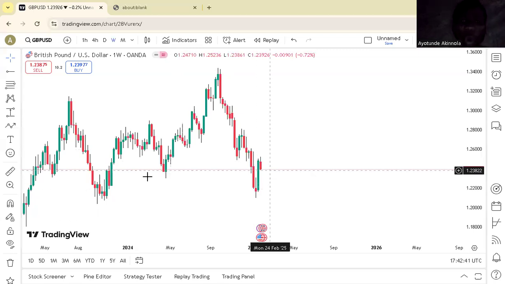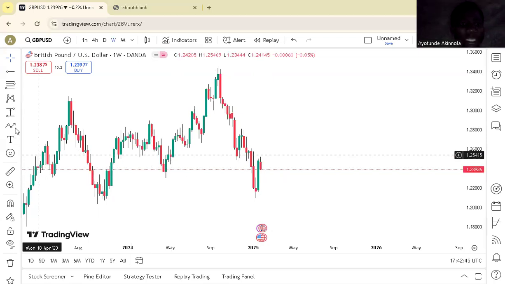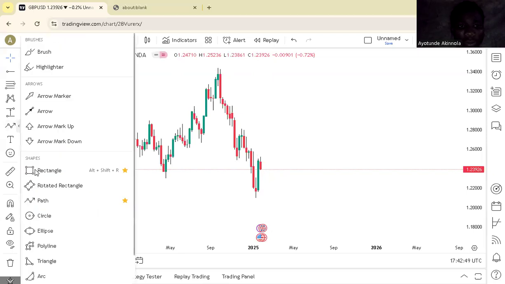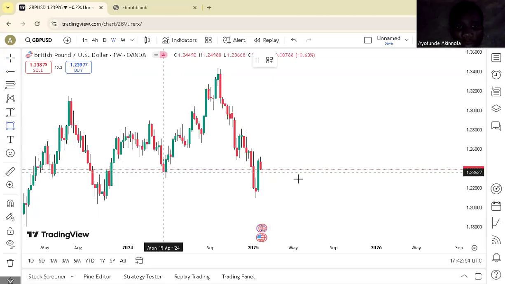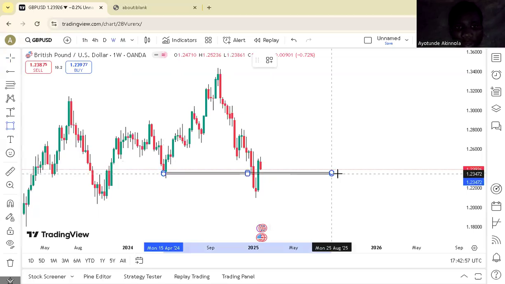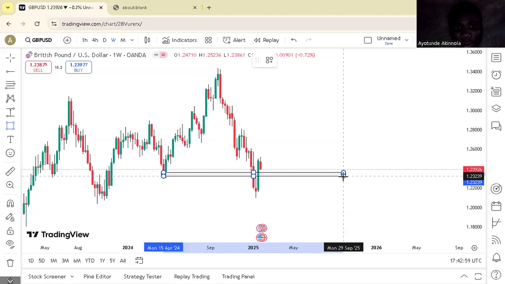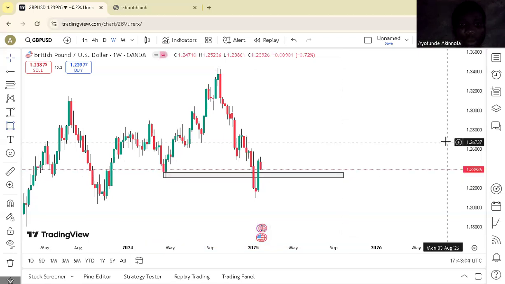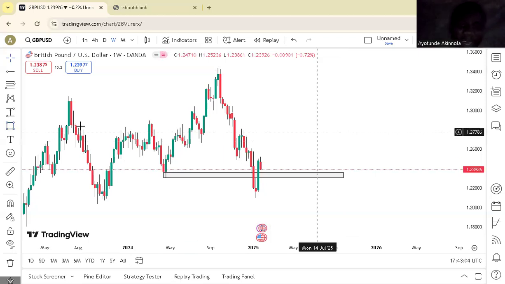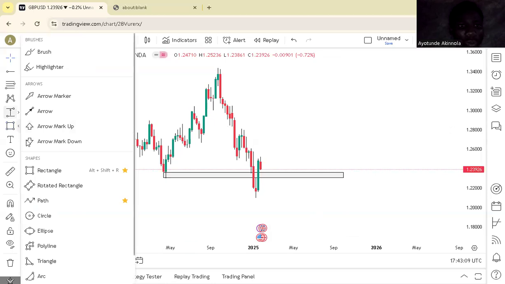So we might see that. Let me indicate this. I think I'll need to display my favorite tools.